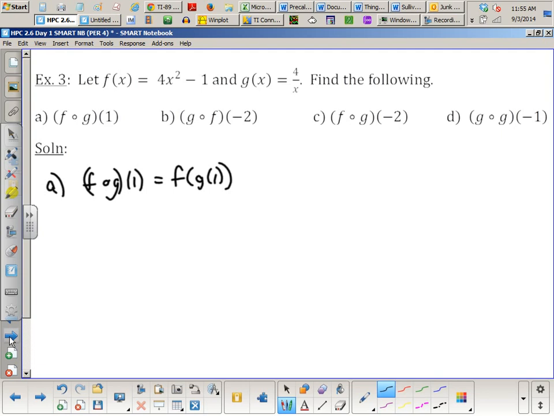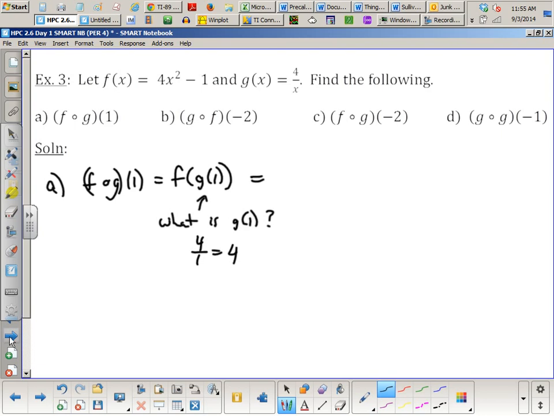Well, g of 1 is just a number, right? So let's find out what that is. What is g of 1? Look at the g rule. What's g of 1? 4, yeah. Okay, so no big deal.